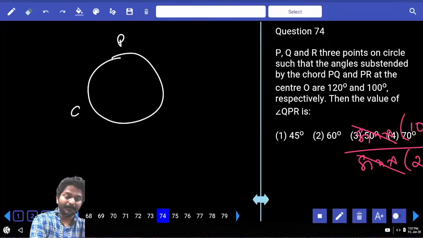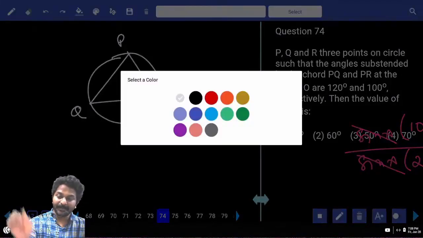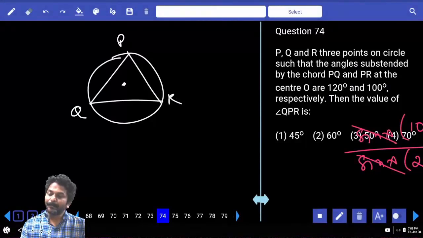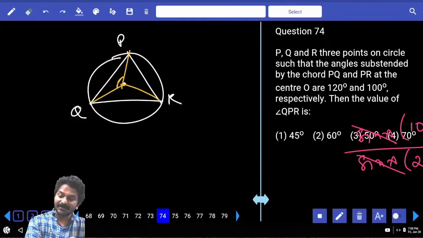Let me take P, Q, R. PQR is a triangle, and here we have a center. From the center, PQ and PR make an angle. PQ, this angle, how much is this mentioned? 120 degrees. Next, PR, this angle, how much is this? 100.